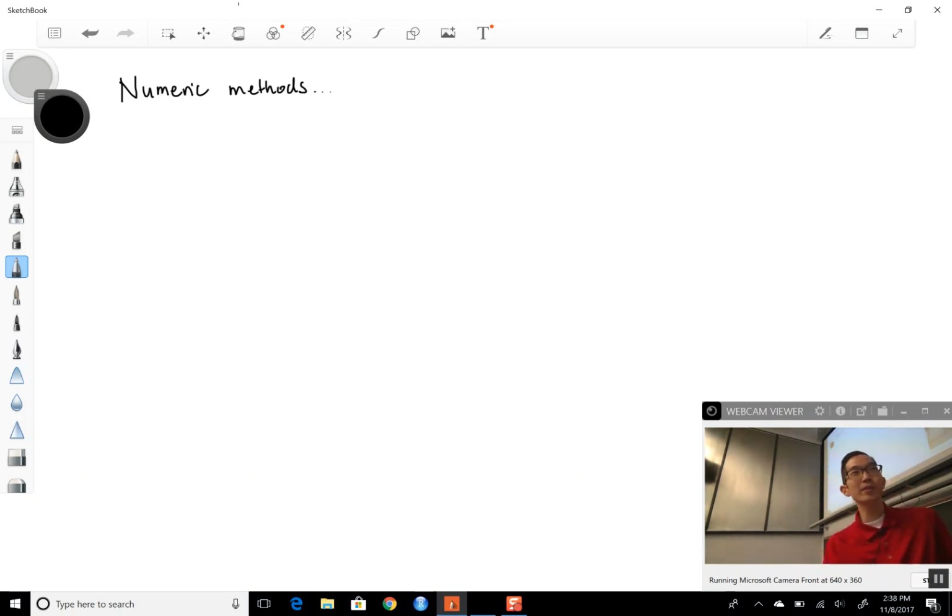So numeric methods is basically using a computer to kind of brute force. That's not really the right term, but it's kind of using a systematic approach to get an approximate answer without doing any kind of analytics.